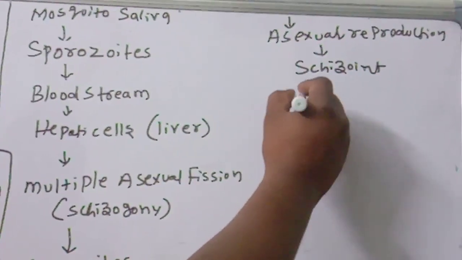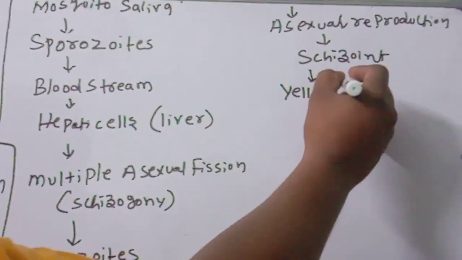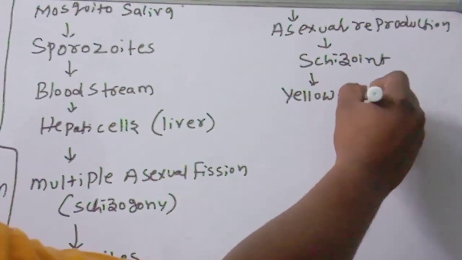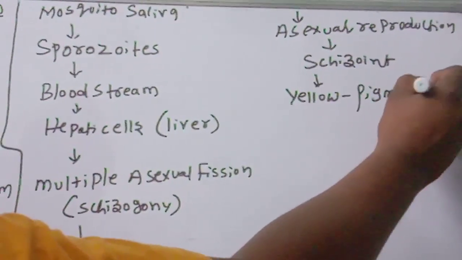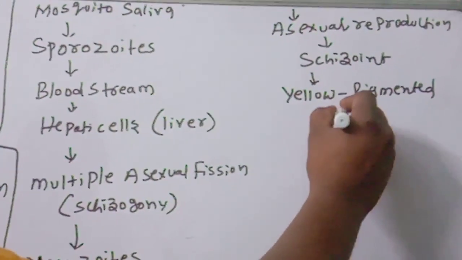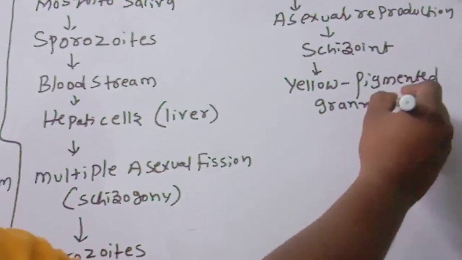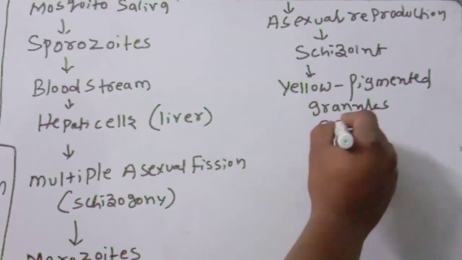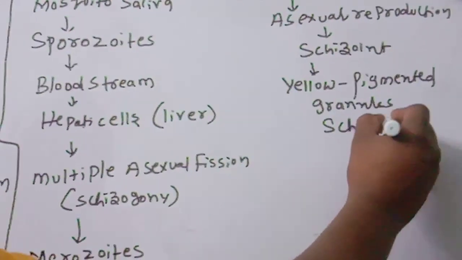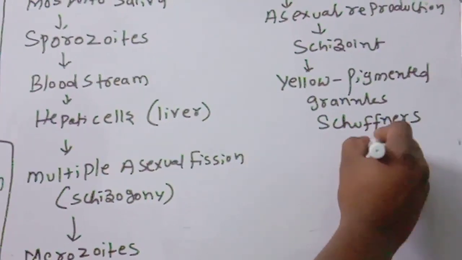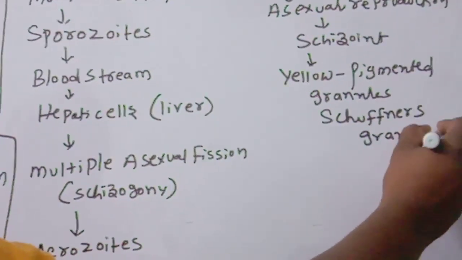They have yellow pigmented granules. These granules are called Schuffner's granules.